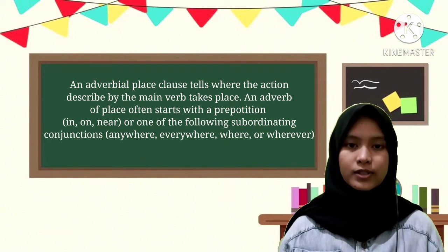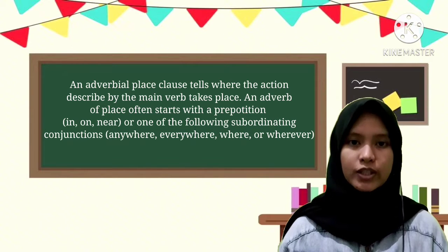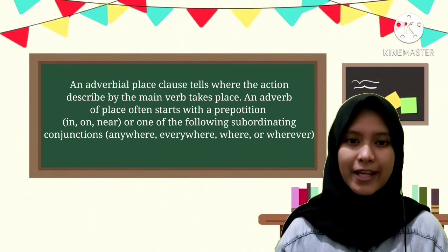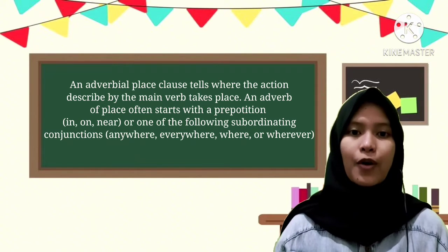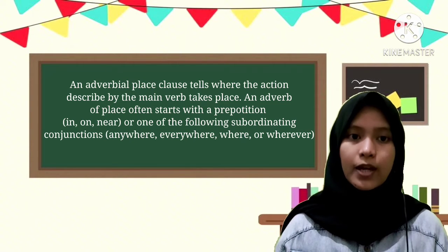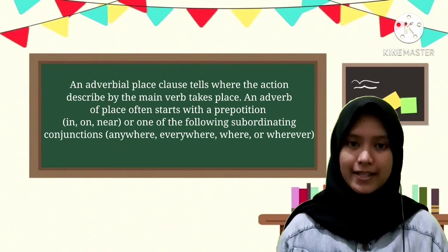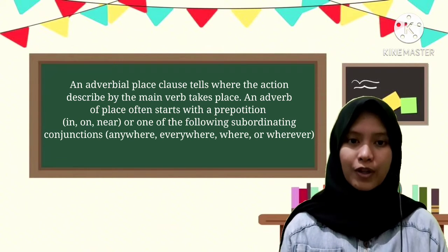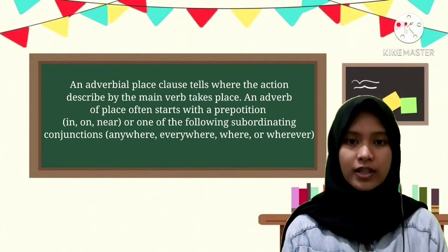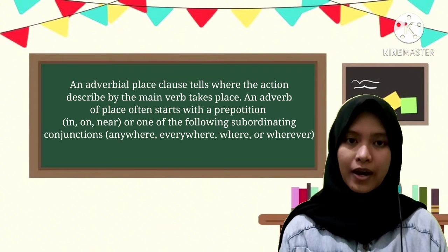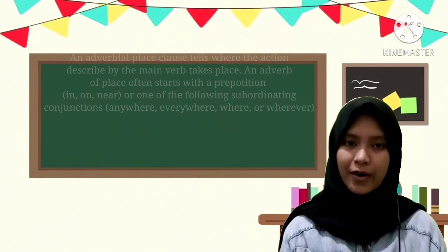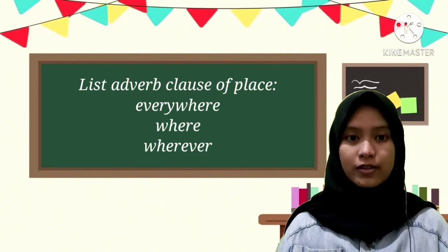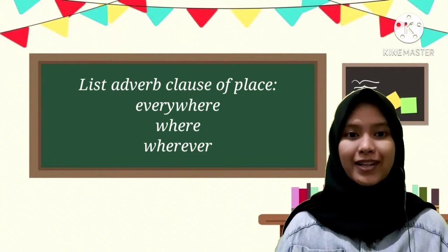Adverbial place clause tells where the action described by the main verb takes place. An adverb of place often starts with a preposition, for example in, on, near, or one of the following subordinating conjunctions: anywhere, everywhere, where, or wherever. List of adverbial clauses of place: 1.